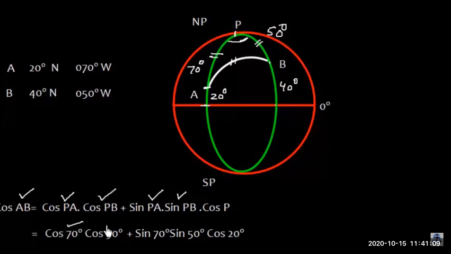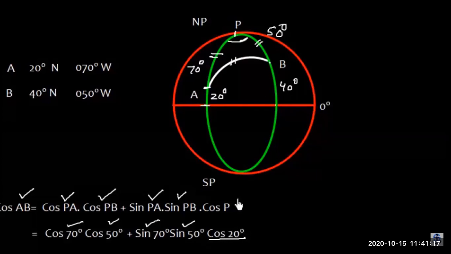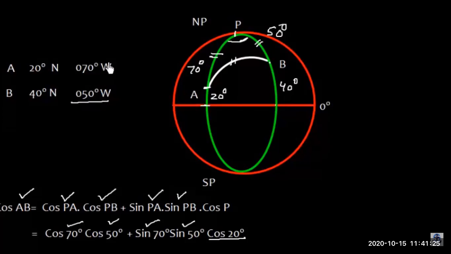So cos 70 and cos 50, then sin 70, sin 50, and cos P. P is the angle between the longitudes. Between 70 degrees west and 50 degrees west is 20 degrees. From more west, we are going to less west, that is 20 degrees east.